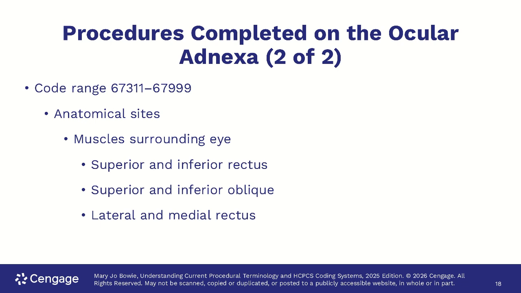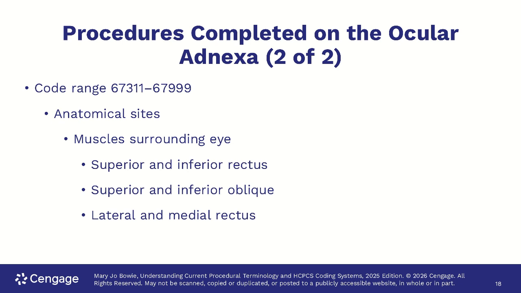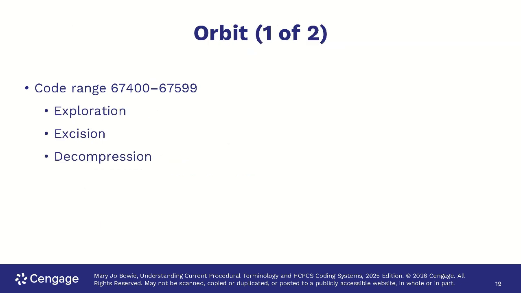Extraocular muscles, orbits, eyelids. And then you have procedures that are performed on the muscles surrounding the eye. And so here, that's where you're going to see where people have strabismus surgery.